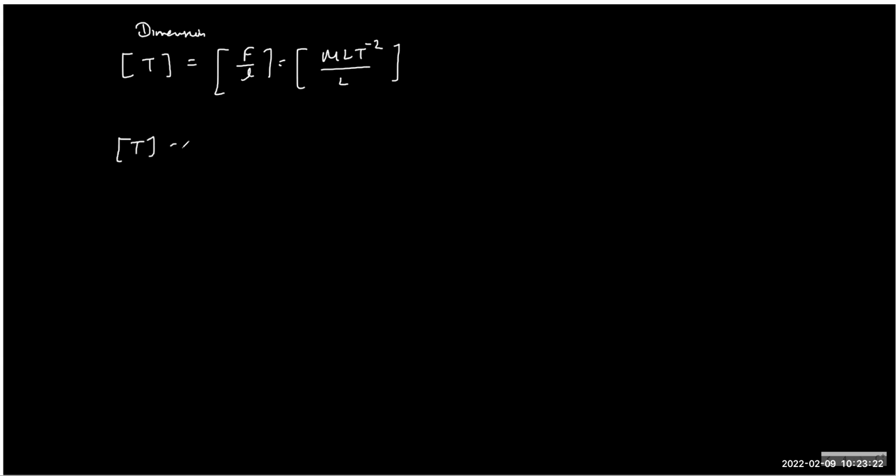But before that, let me give you the dimension because that is also important. So what is the dimension of surface tension? Dimension we can write as kg per, mlt minus 2, sorry, mlt minus 2 upon L. And L will cancel out. So what you get is the dimension of surface tension is ml0t minus 2. So the unit is what?